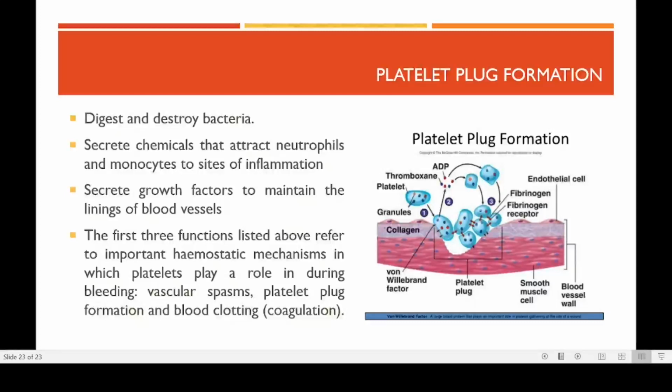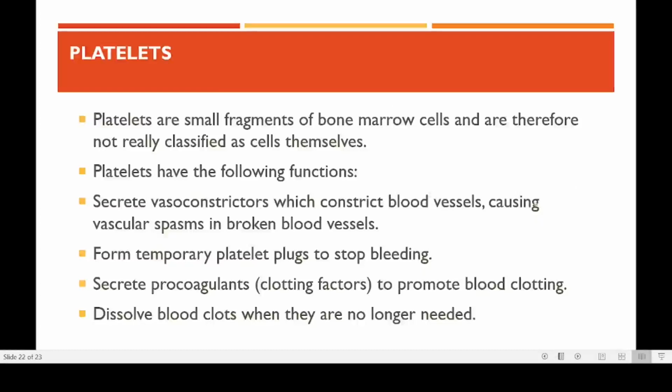So this is how the platelet plug prevents the loss of blood from our body. So that is another function of platelets: they are involved in producing the platelet plug to help stop our bleeding. Then another function of the platelets is that they act as procoagulants.